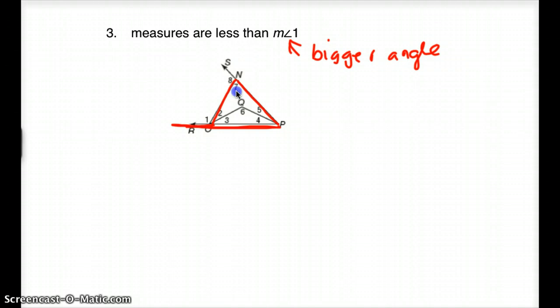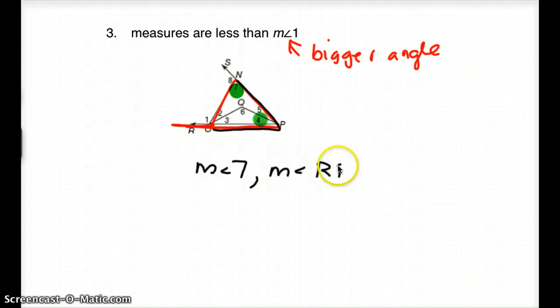So I'm looking at 7 and looking at that angle right there. Now that doesn't have a number, so you need to call it RPN. You could have called it RPS as well and gone all the way out to the S there.